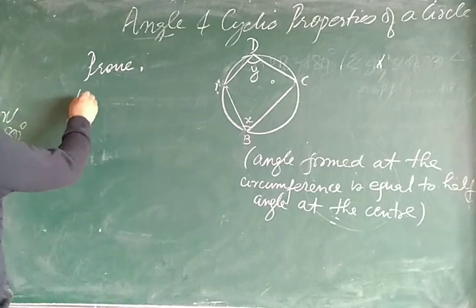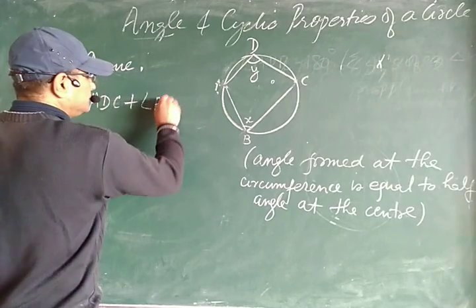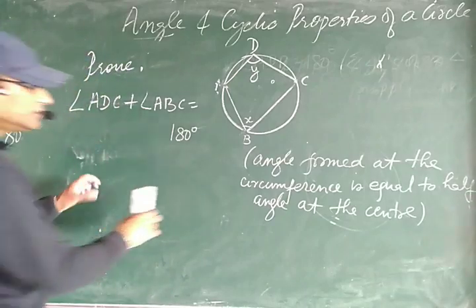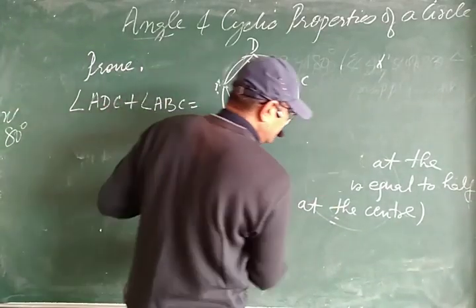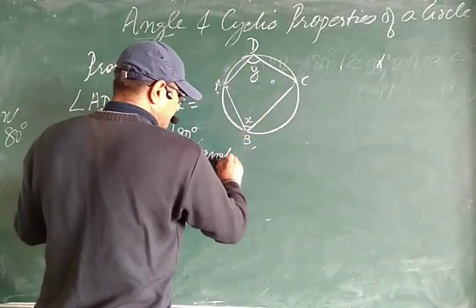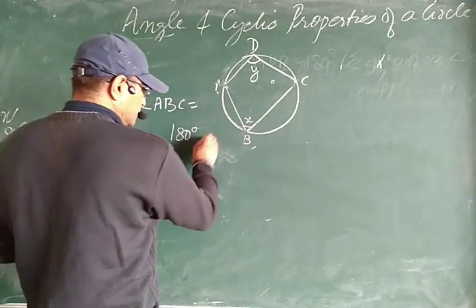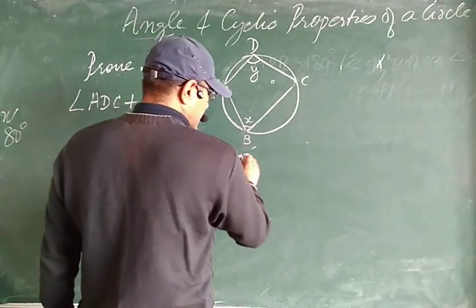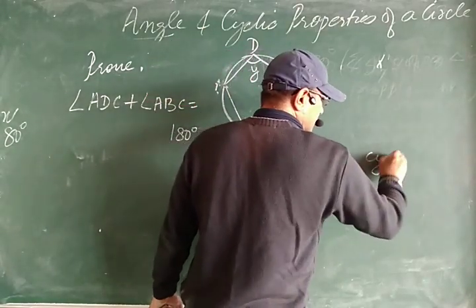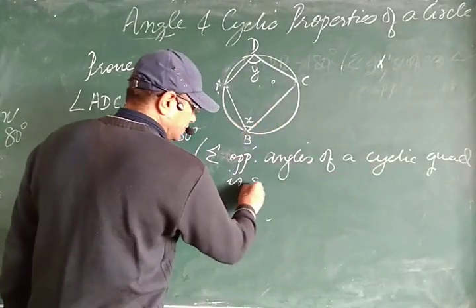So we can write angle ADC plus angle ABC is equal to 180 degrees. It's very important that you write the reason: the sum of opposite angles of a cyclic quadrilateral is supplementary.